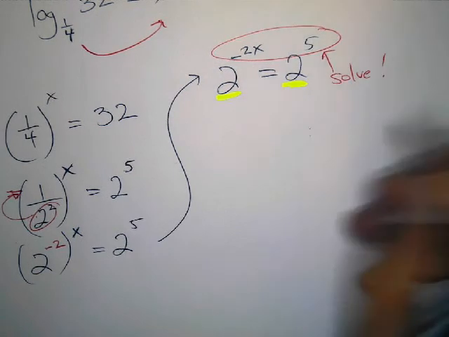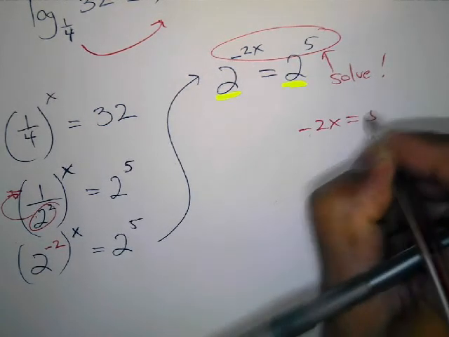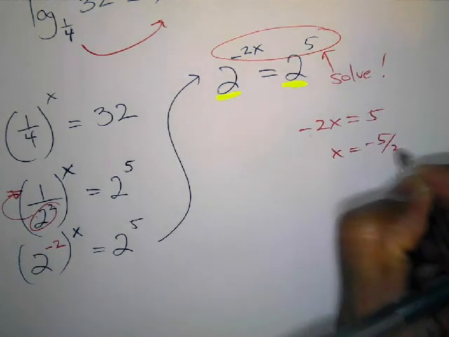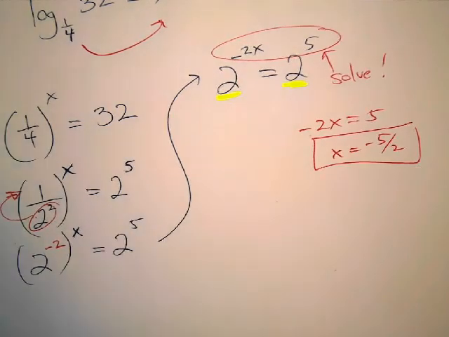We got the same base. We don't need to look at that anymore. We just solve up here. That's going to be negative 2x equals 5. That's going to be x equals negative 5 over 2. All right, there it is. Good luck.